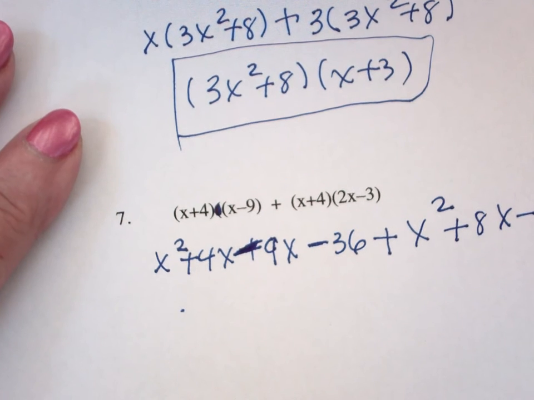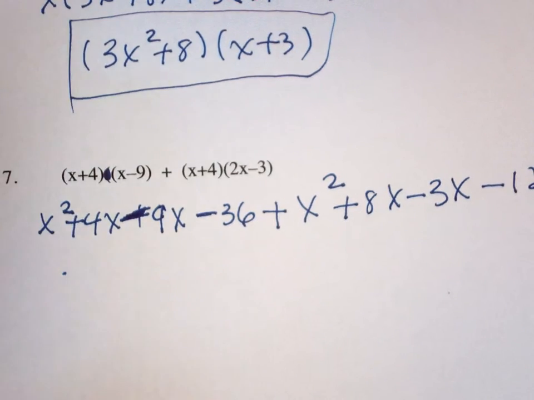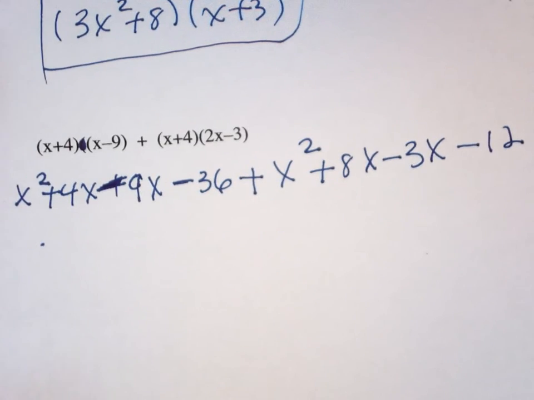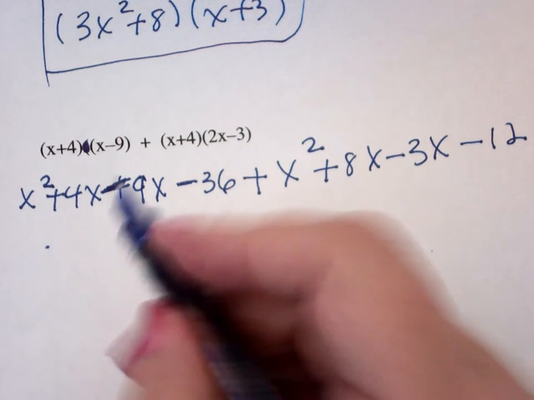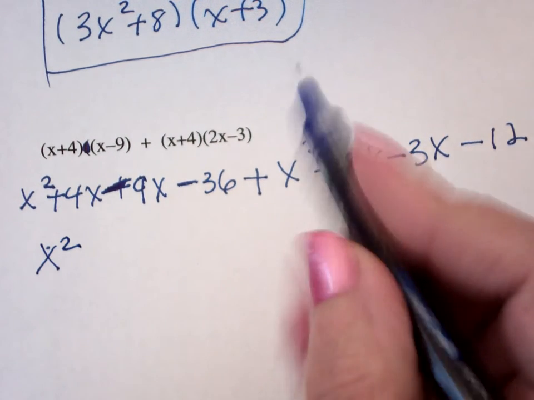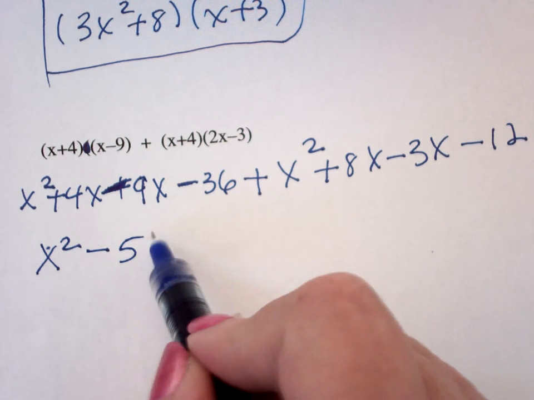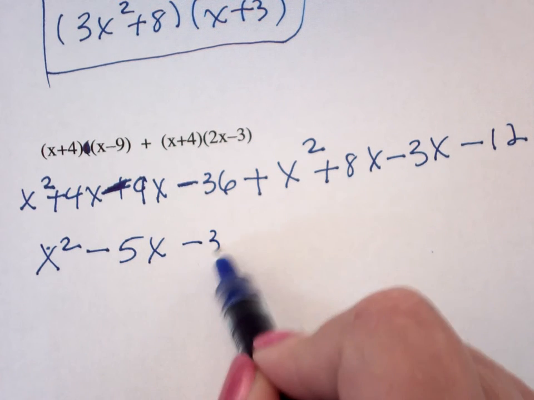So remove parentheses. Okay. Combine like terms. x squared minus 5x minus 36.